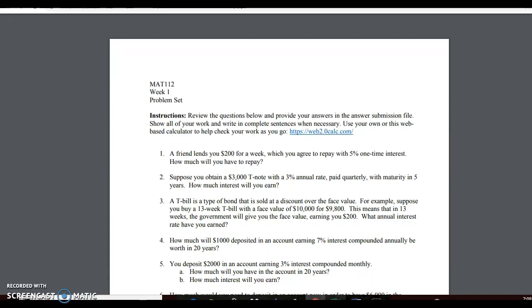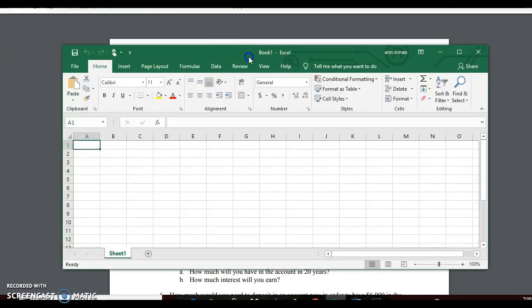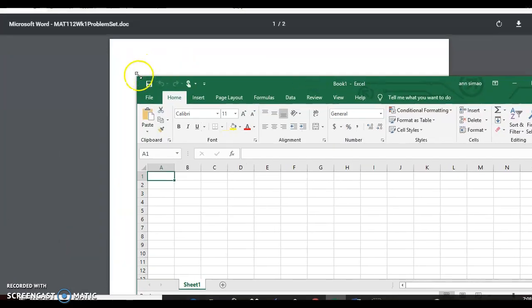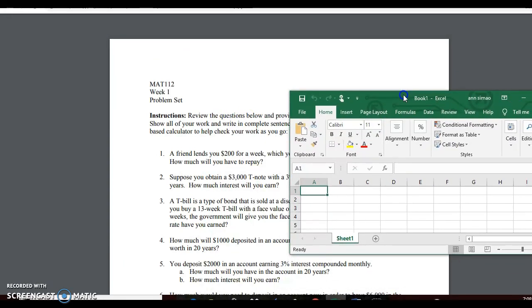So she's charging you. I'm going to open up Excel. And I know some of you aren't necessarily the most comfortable using Excel, but you can do all of these things in a calculator as well. So you have to pay them that $200. You also have to pay them that $200 times 0.05.